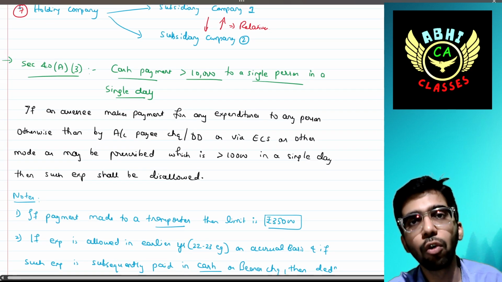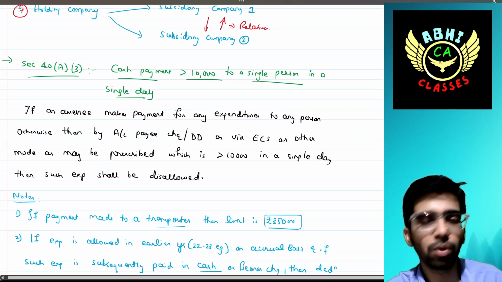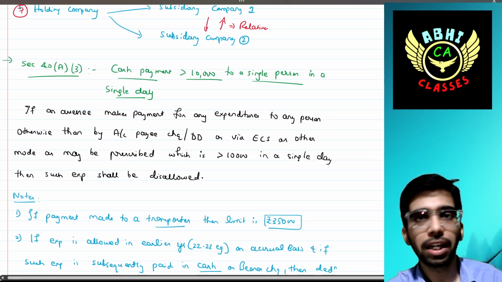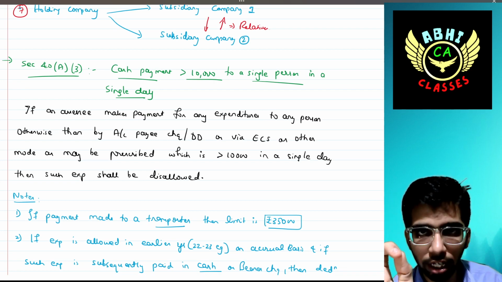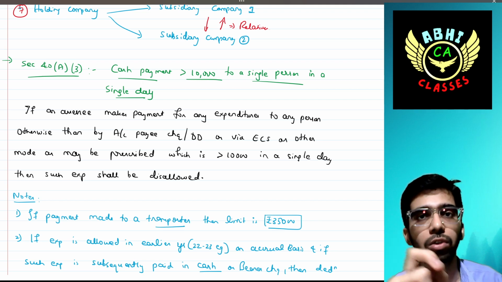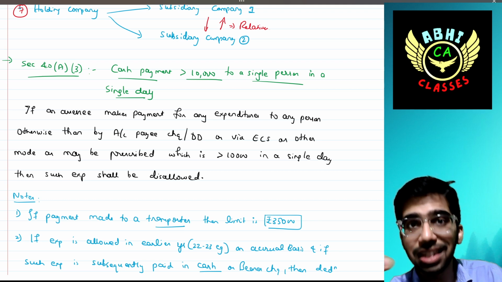Okay. Then section 40A(3), cash payment, is very important. The cash payment in excess of 10,000 to a single person in a single day. It is talking about more than 10,000. Up to 10,000 is okay. More than 10,000 to a single person in a single day.